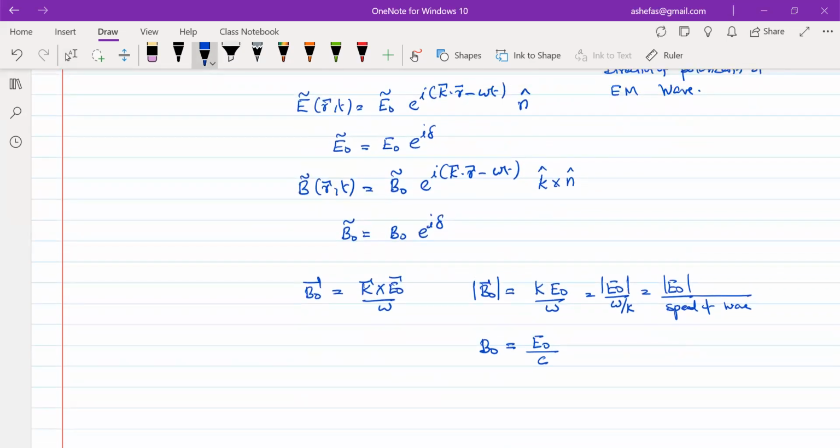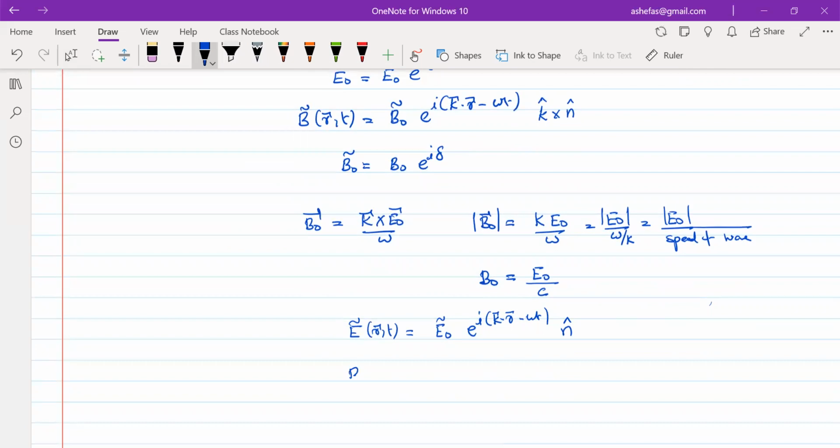So finally we can write the electric field of the electromagnetic wave, E of r, t, is E0 tilde e raised to i (k dot r minus omega t) times n, and B tilde of r, t is E0 tilde divided by c, e raised to i (k dot r minus omega t), and the direction is along k cross n.